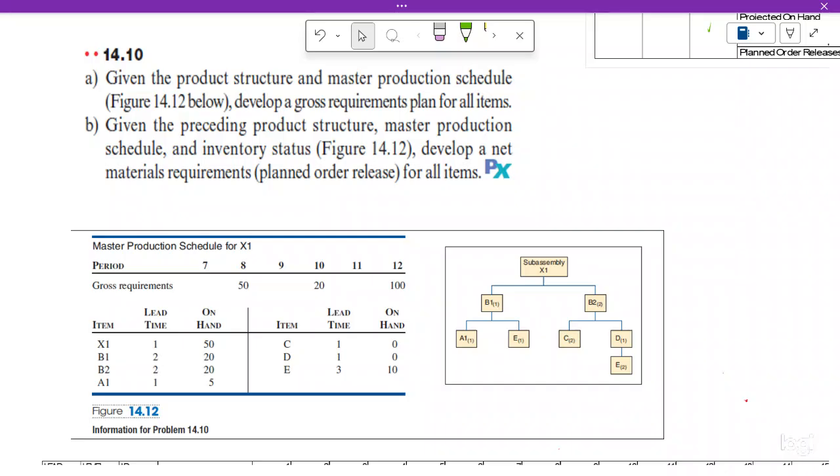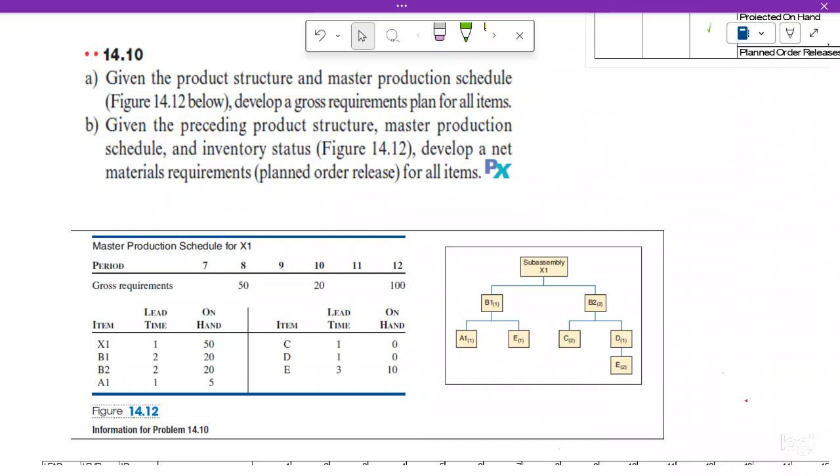I do not assess it. B, given the preceding product structure, master production schedule, and inventory status, develop a net material requirement plan for all items.